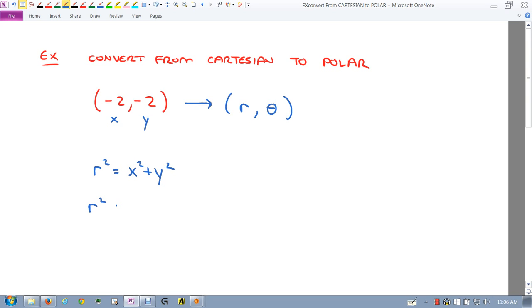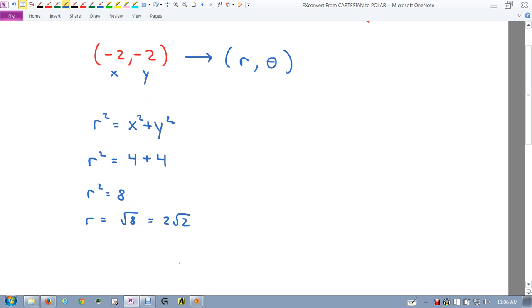So r squared must be, let's see, x squared would be 4, right? And y squared would be 4 again. And that means r squared is 8, which means r is the square root of 8, which is 2√2. So we know what r is.